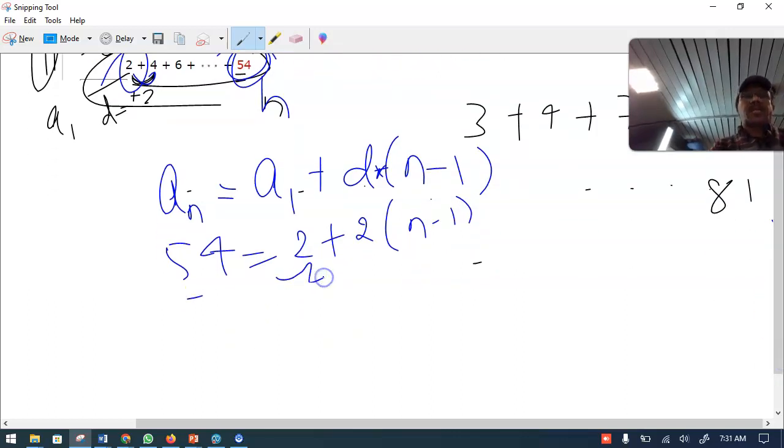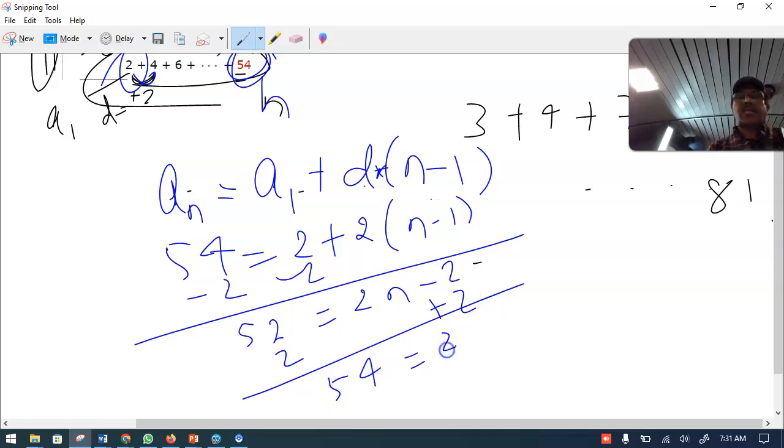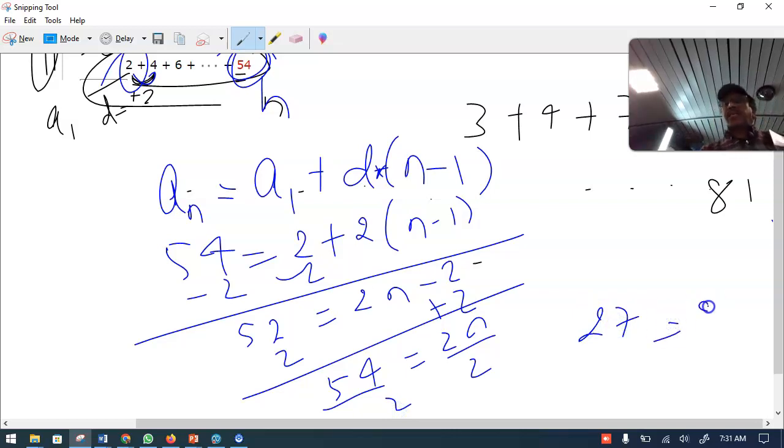So you subtract 2. If you subtract 2, you get 52. You get 26 after dividing by 2, and then adding 1, I use the calculator. So your n is 27.